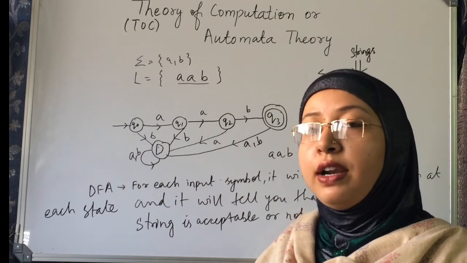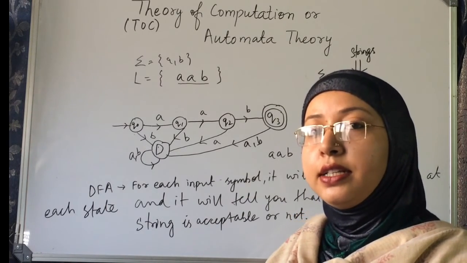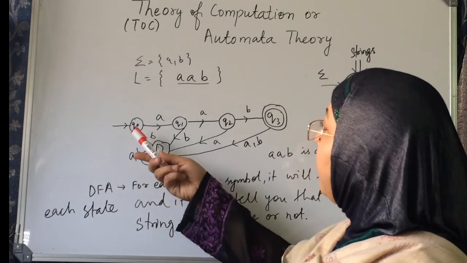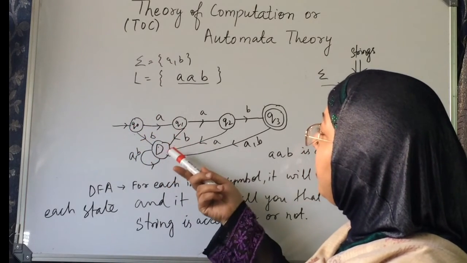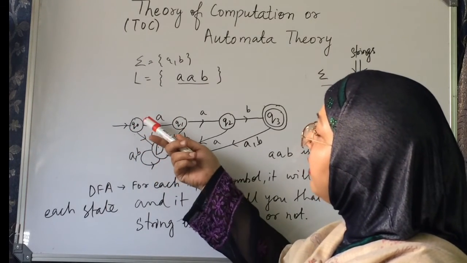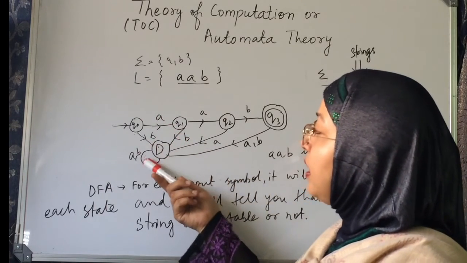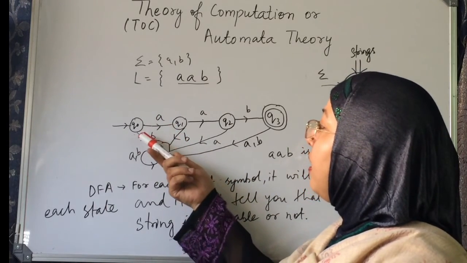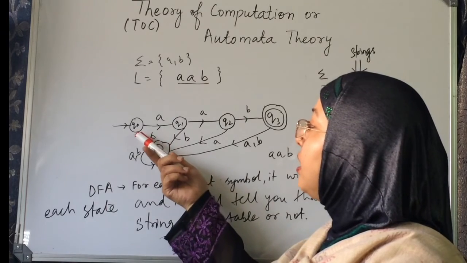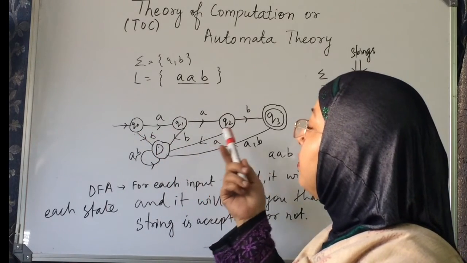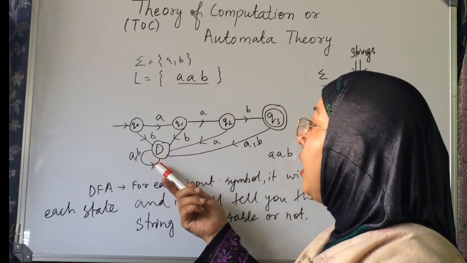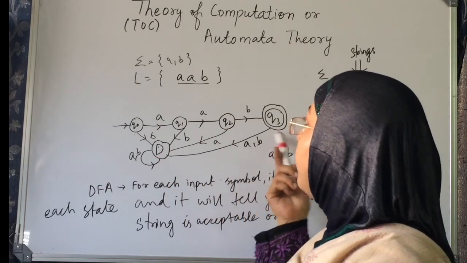How do you find that all the other things will be rejected? Because if, suppose, anything starting with A and after that B comes, it will go to dead state. Because in the dead state you see that all those things come to this state and it is never going back to the final state.